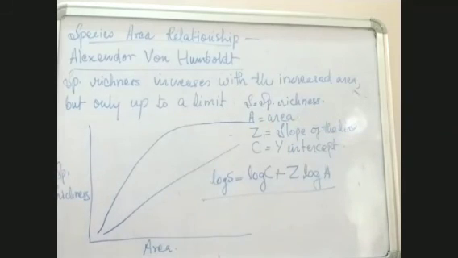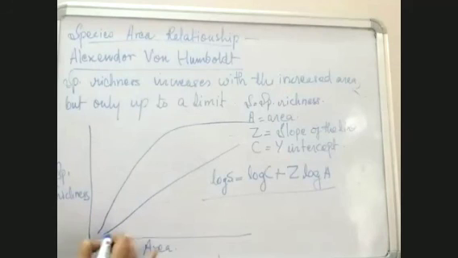So when he interpreted the same hyperbola using logarithm, he got a straight line, and this straight line has this equation: log S = log C + Z log A, where S is the species richness, A is the area, Z is the slope of the line, and C is the y-intercept. Now, what does he mean by this? What is the value of Z? What does this slope mean?